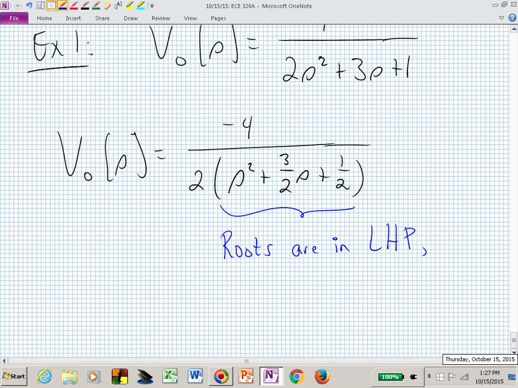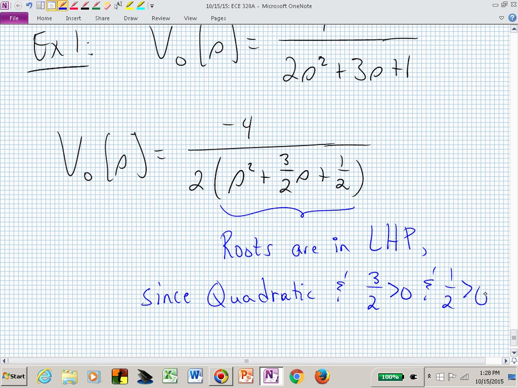It's second order, a quadratic, and this is okay only because it's a quadratic polynomial, and the coefficients of the s to the 1 and the s to the 0 are both positive. Because of that, we know it's in the left half plane. So it's quadratic, and 3/2 is greater than 0, and 1/2 is greater than 0.